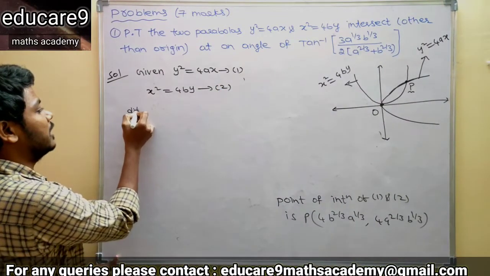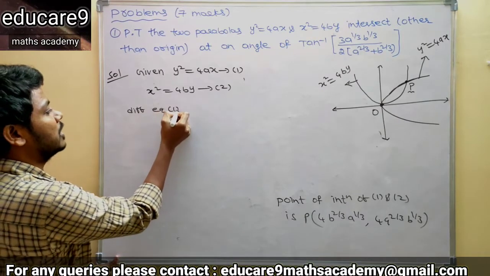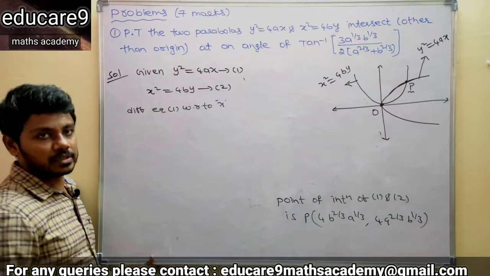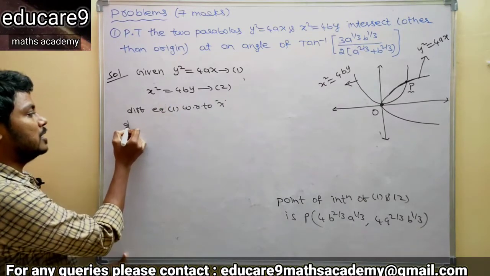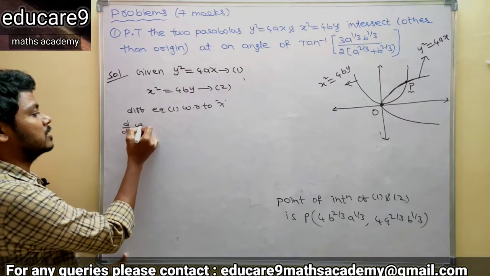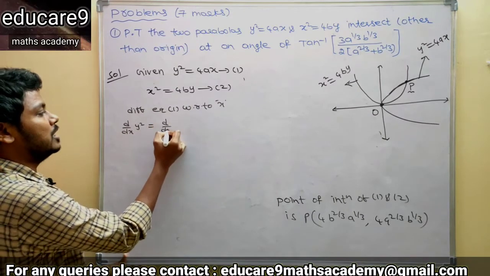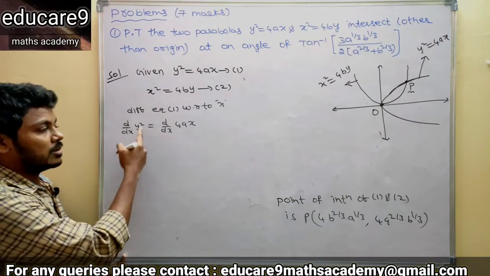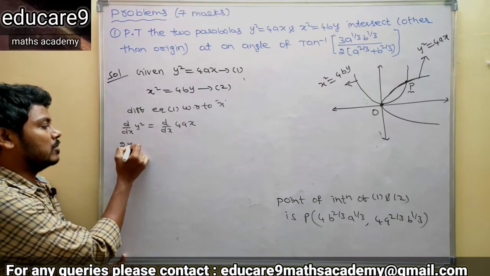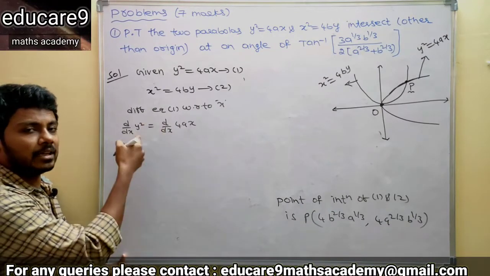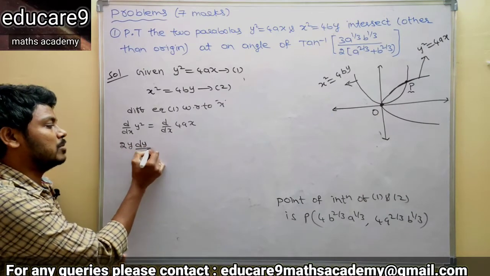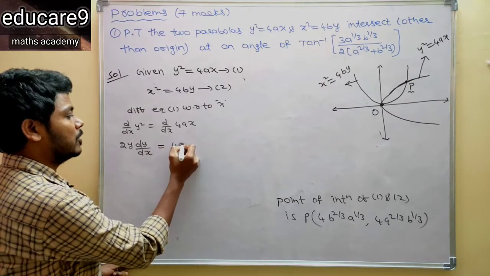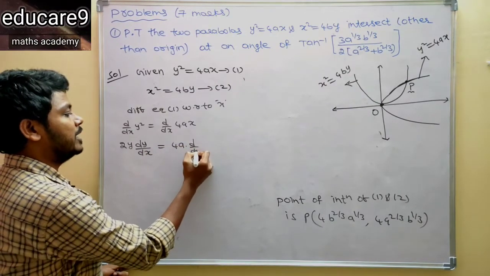Okay. Now see here first one. So differentiate equation 1 with respect to x on both sides. That is d by dx of y square is equals to d by dx of 4ax. So derivative of y square is 2 into y power 2 minus 1, internal derivative of y, that is dy by dx. So this is 4a into d by dx of x.